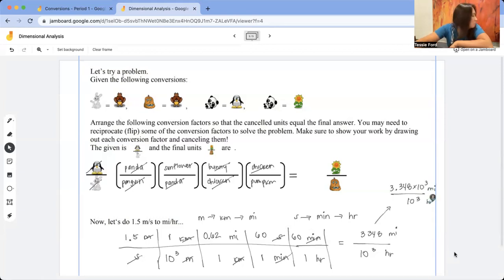Oh, I need water. Okay. And then since one's on the top and one's on the bottom, for you math people, what happens? They cancel. And I get left with 3, or you could, this also could have been 1,000, but yeah. Anyways, then you get left with 3.348 miles per hour. But is that our answer?